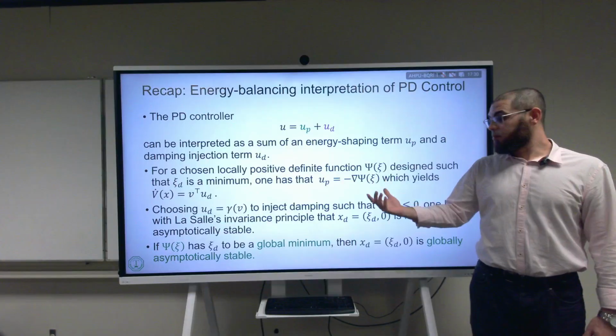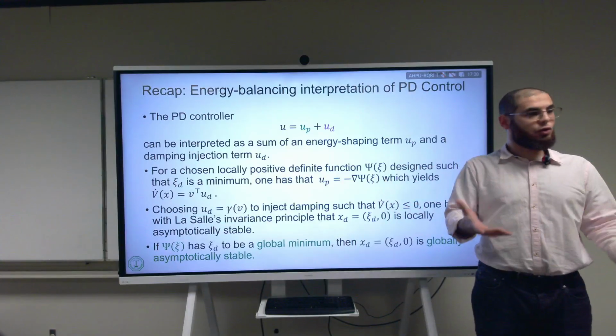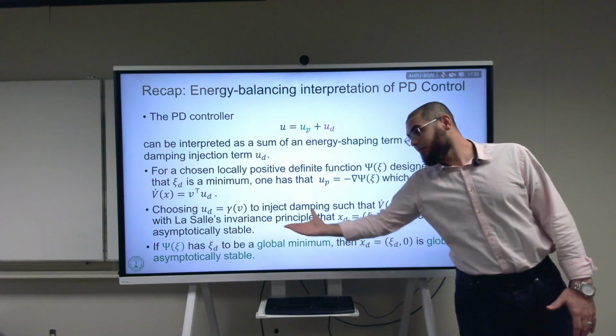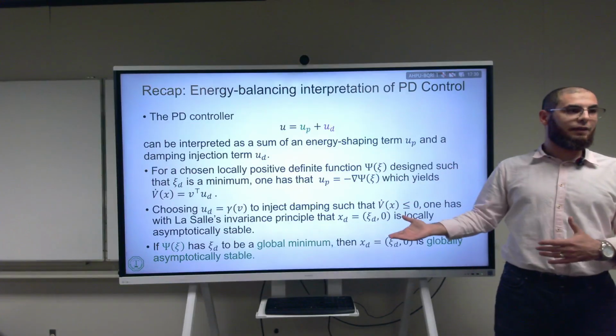And then provided that the space itself allows it, that the desired point is a global minimum, then we have global asymptotic stability.